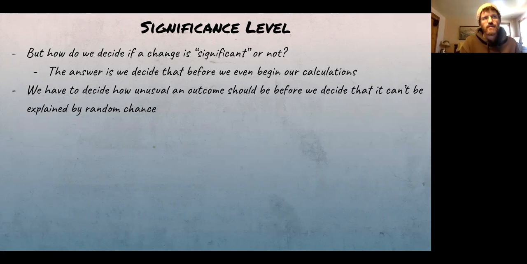If something has like a 1 in 2 chance of happening and it happened, would you be skeptical of that? Would you say, I think that might have been some discrimination or something else going on? Or would you say, oh, that's random chance? It's 50-50.